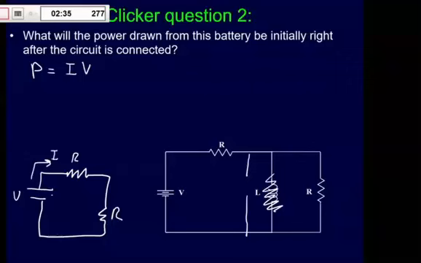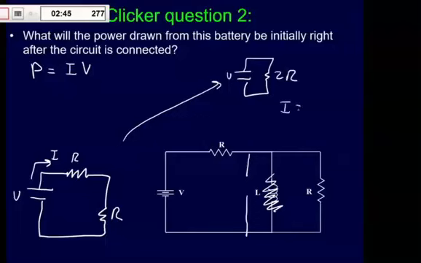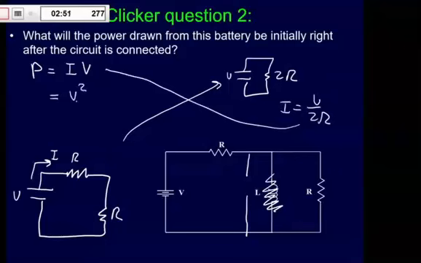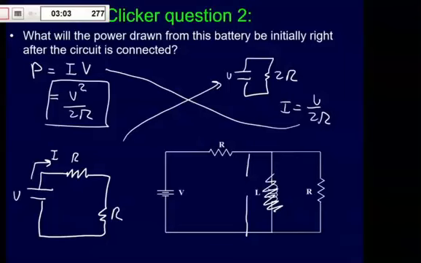If you broke this down to the simplest circuit in the world, like we like to do, the current would be V over 2R. So I plug that in over here, and that gives me V squared over 2R as the initial power drawn after this thing is connected.